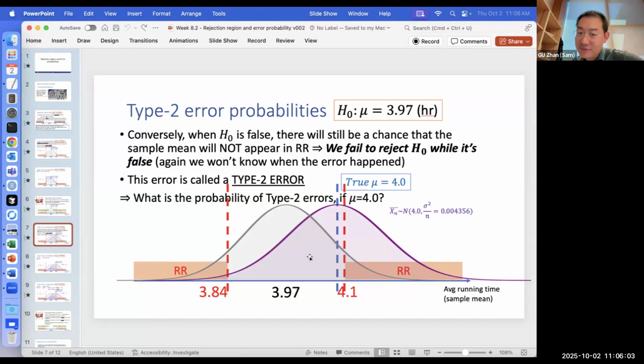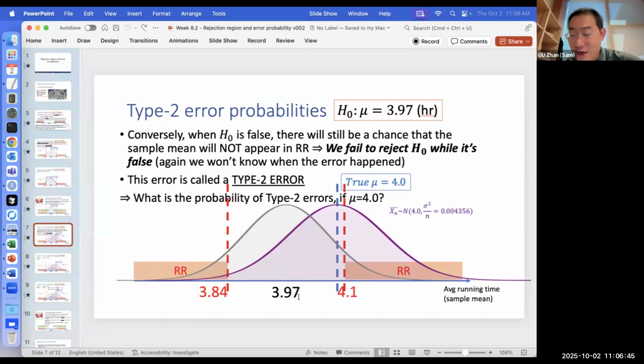What if it lands here? Then according to the null hypothesis, we do not have sufficient evidence to reject the null hypothesis. Then loosely speaking, we say it's highly likely the average running hour in 2019 is the same as 3.97.